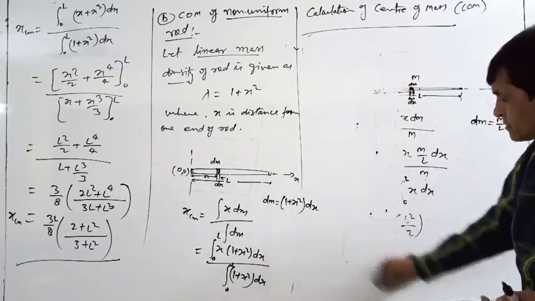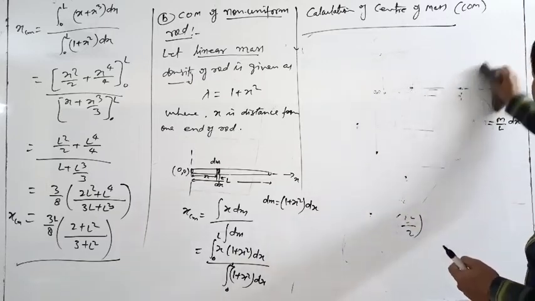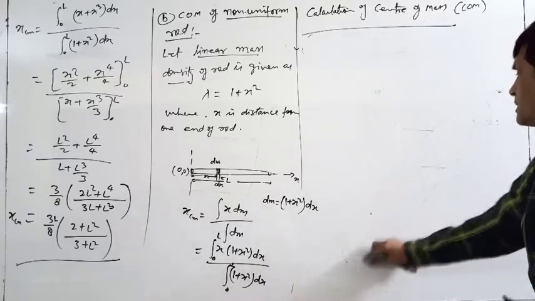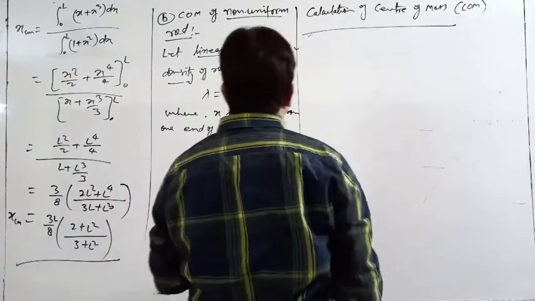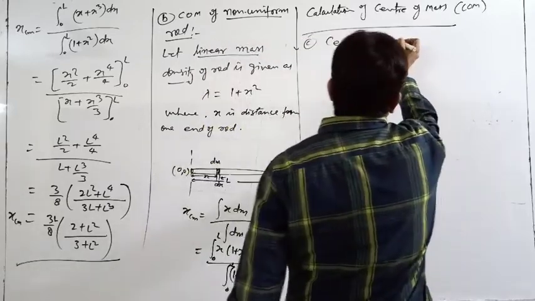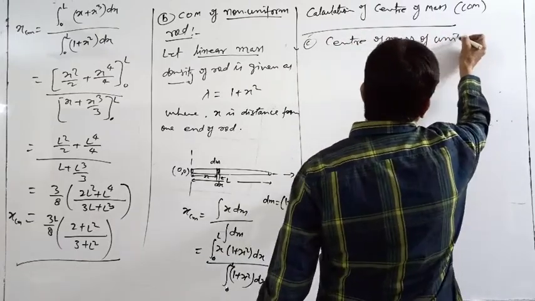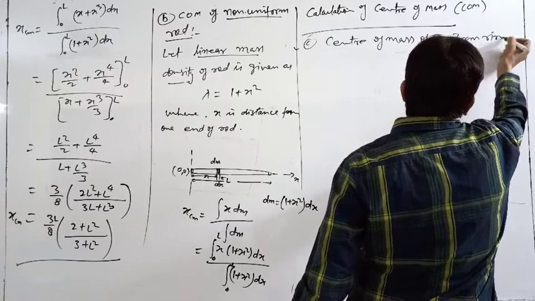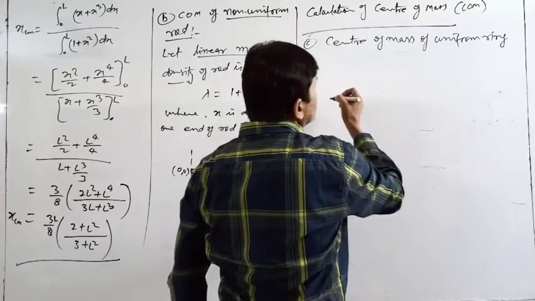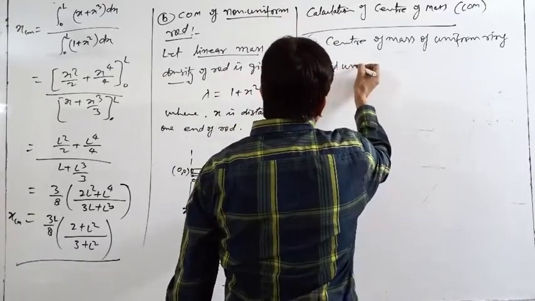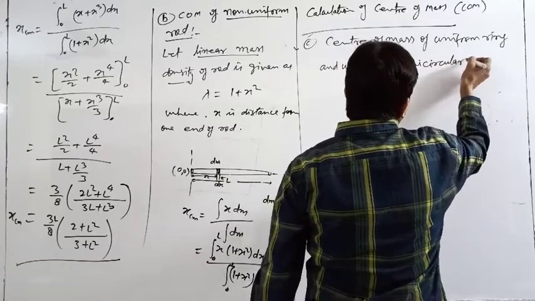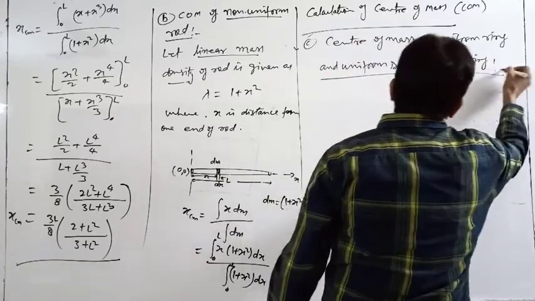Next, now, center of mass of a uniform ring and a uniform semicircular ring. Okay.